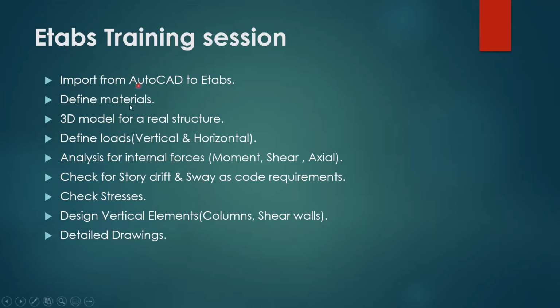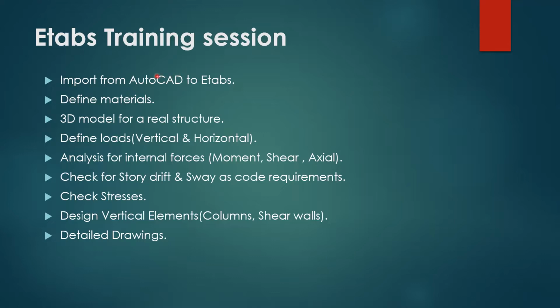Then we try to define the materials. Importing from AutoCAD to ETABS, usually you have an architect plan. If you have a project, you need to have an architect plan for the building, for the plan view, the slab, the floor systems, and the distribution of beams and columns.